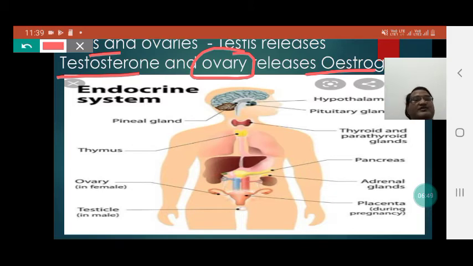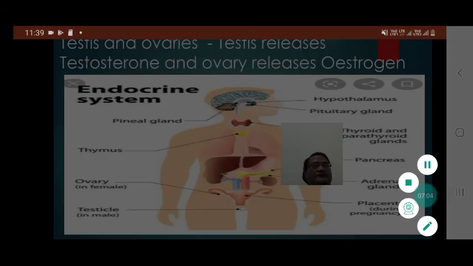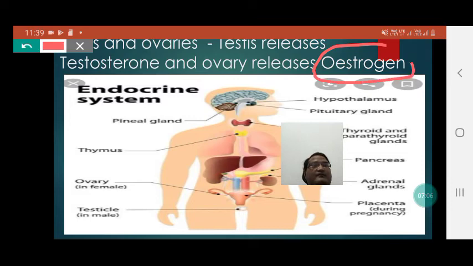Since we know that testosterone is the primary male sexual hormone and is responsible for the secondary sexual characters in male, whereas estrogen, as you can see here, is the female sexual hormone and is responsible for the secondary sexual characters in female.